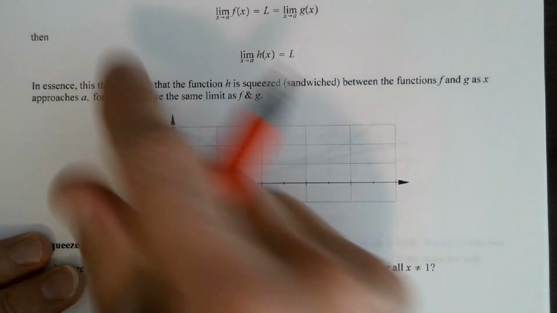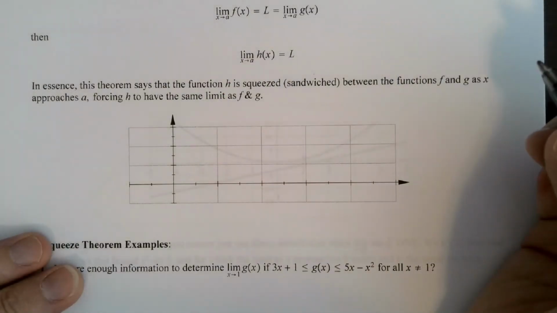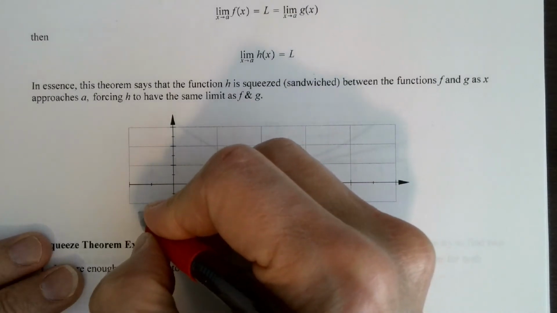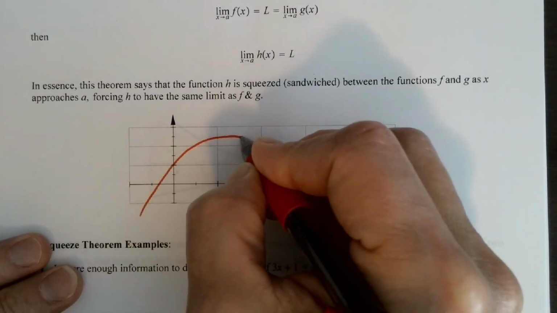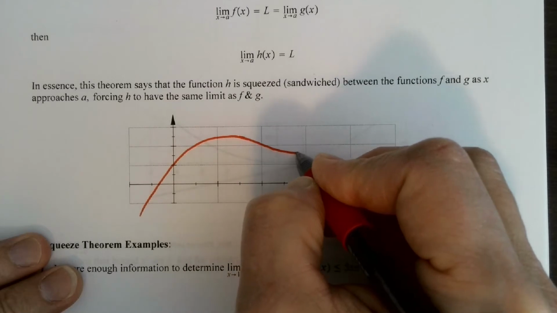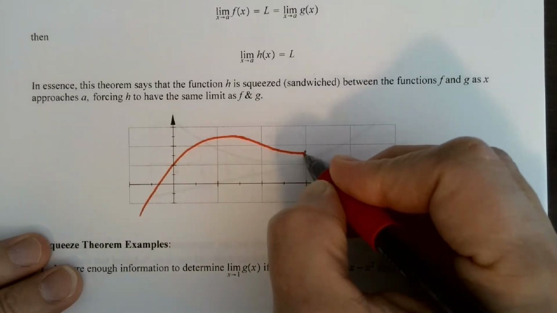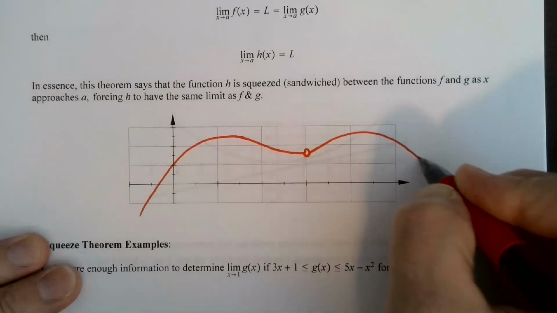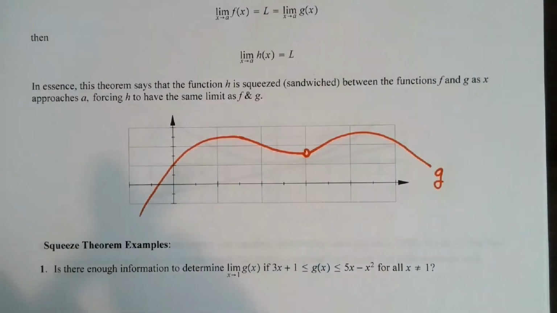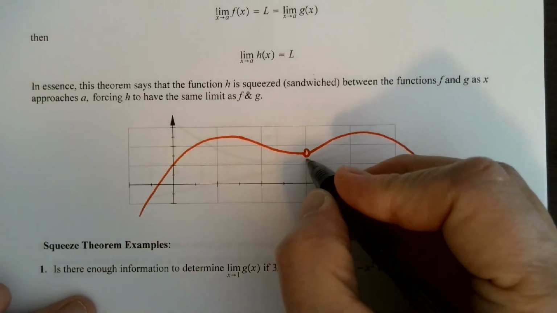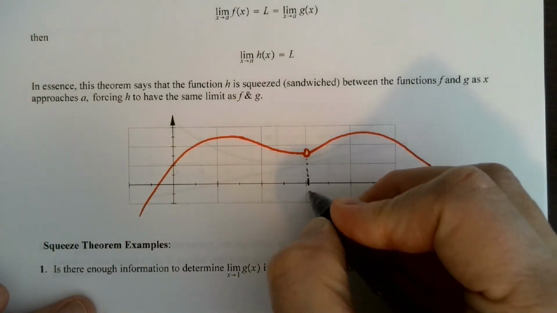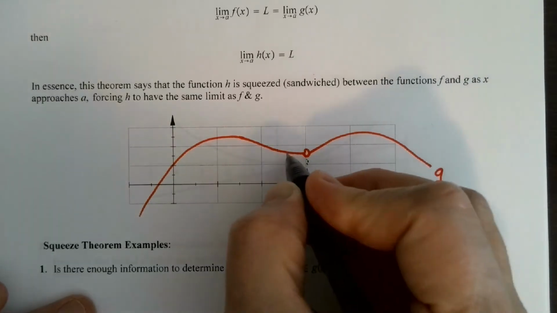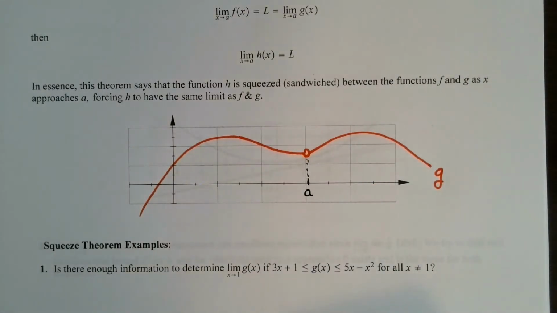So the g of x function, maybe it looks something like this. And here's the g of x function, and so we'll let this be the a we're talking about right here.